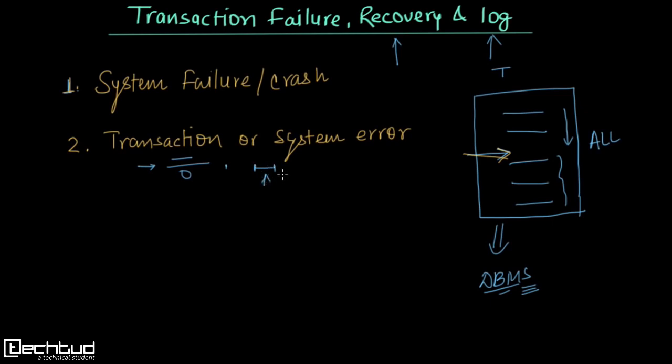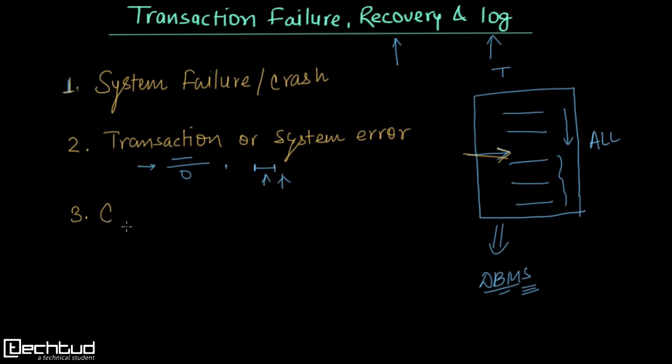So when this range overflows, like the value is larger than the range provided, this will also cause a failure. So similar problems can occur. Similarly, a programmer has done the programming and that program is not well tested, and during the execution it causes a logical programming failure. Okay, so these are the kinds of errors which come under this transaction or system error, and this transaction and system error can cause transaction failure.